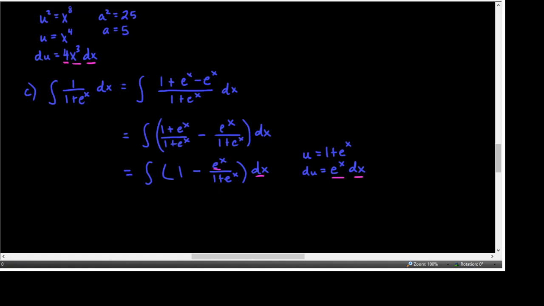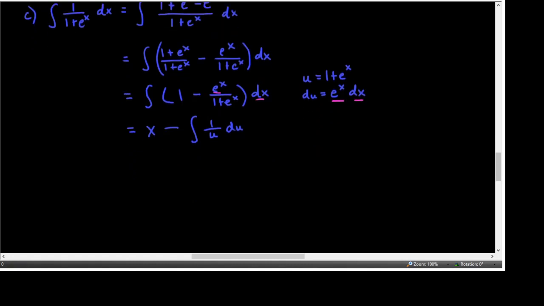So integrating the first part, the integral of 1 dx, of course, is just plain old x, minus the integral of 1 over u, that's 1 over 1 plus e to the x, times du, where du is the e to the x times dx kind of absorbed together into that du.